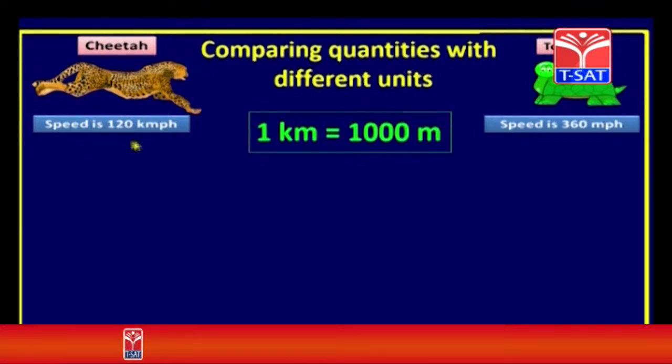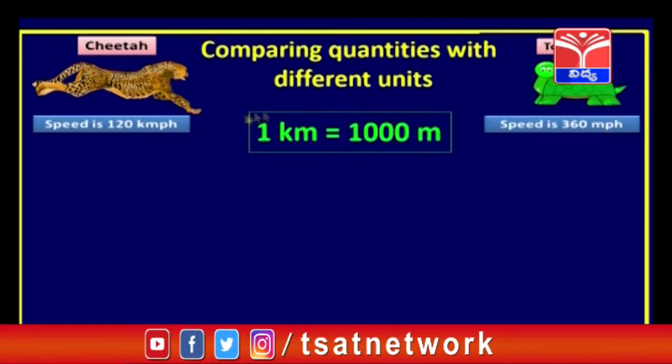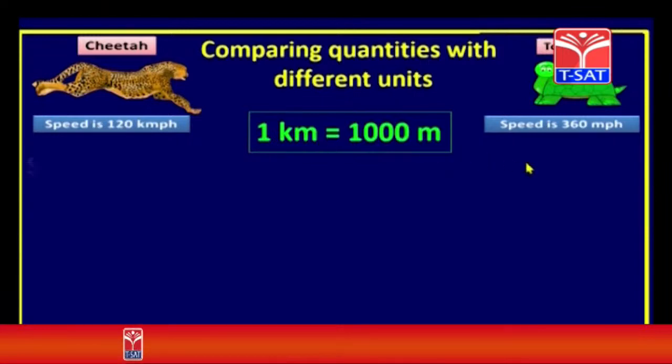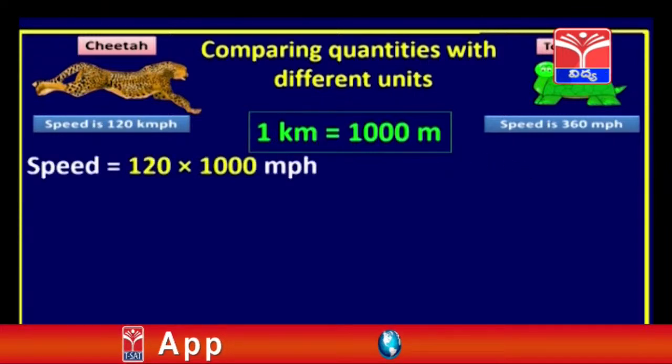Here it is in kilometers per hour and this is in meters per hour. So I'll convert this kilometers per hour to meters per hour. Then both will be in the same units and then we can find the ratio. Now for that I am taking 1 kilometer as 1000 meters. Like that, what will be the speed of the cheetah now?